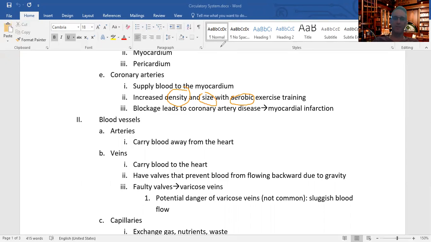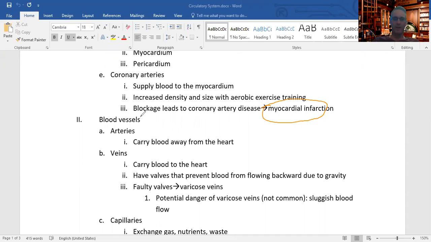And so that's one of the benefits of exercise. But if you do get a blockage in one of these coronary arteries, it can lead to myocardial infarction, where there's a part of the heart that is not getting the oxygenation and tissue that it needs and is quite sensitive to that.